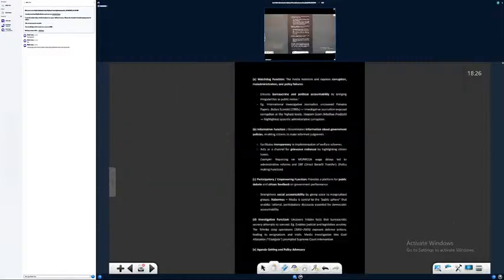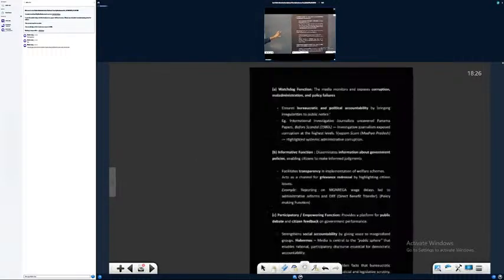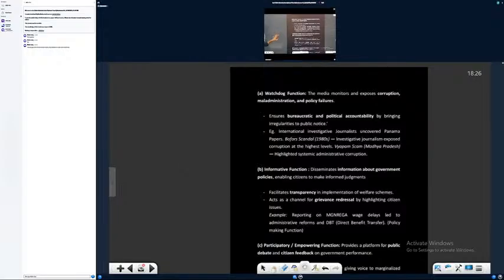Next, it has a watchdog function. What is this watchdog function? Watchdog function means that any work the government is doing, any function it is carrying out, the media is seeing whether it is being carried out in the right way or not.